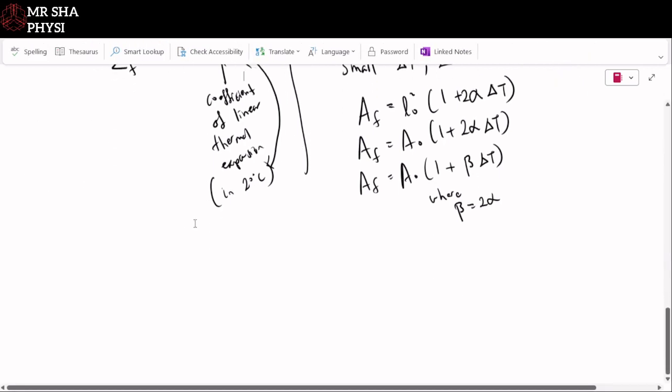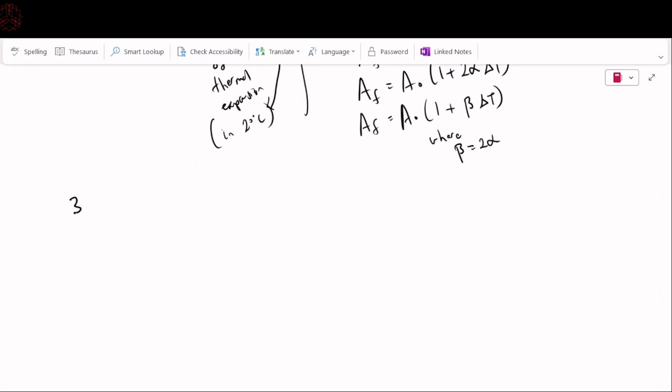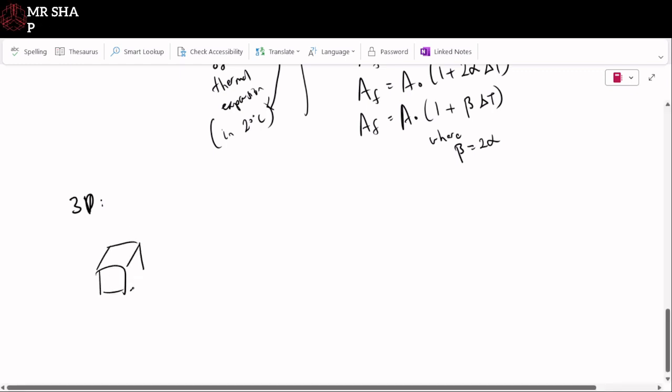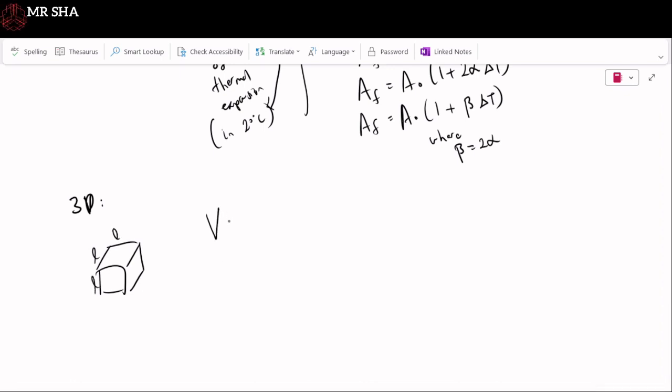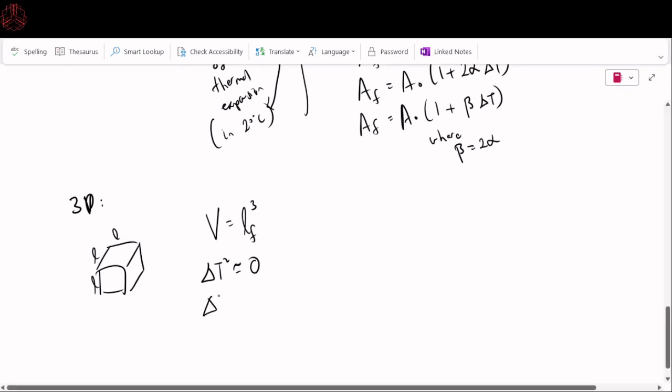Okay, so last but not least, we want to talk about what happens if it's a 3D situation. If you imagine a cube of sides L, L, and L, then you can have volume equal to length cubed, so final length cubed. And then you can do the same procedure that we've done before, but of course, if we neglect delta T squared, we'll definitely neglect delta T cubed.